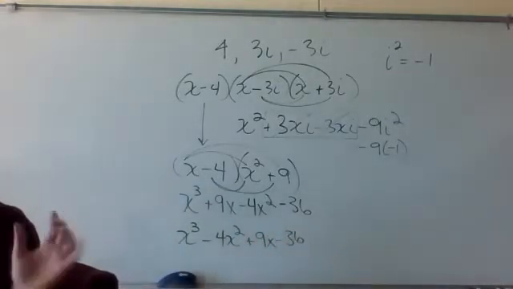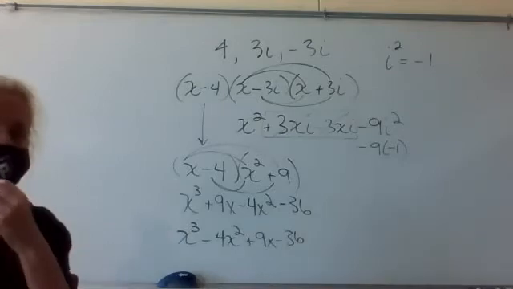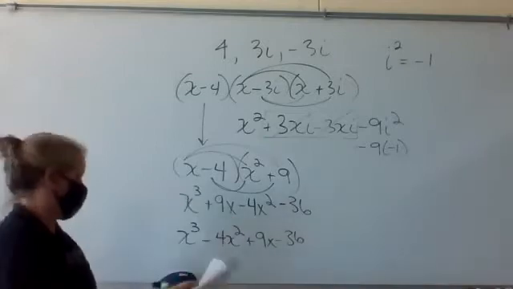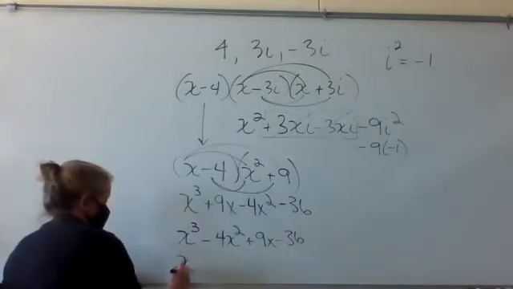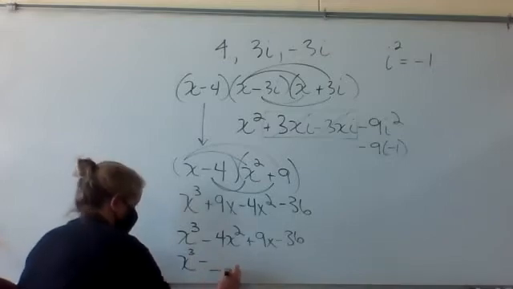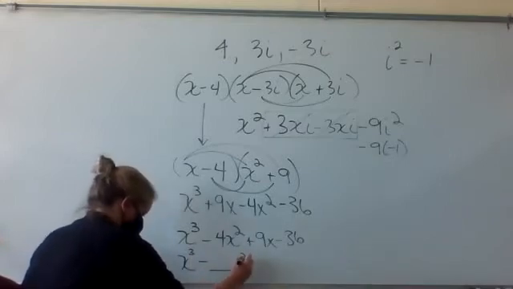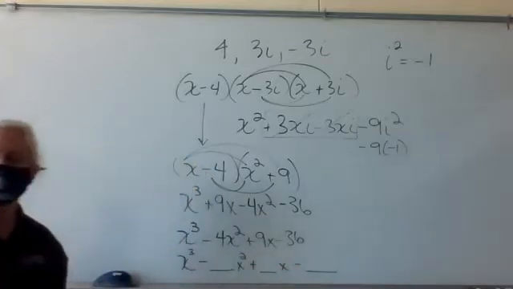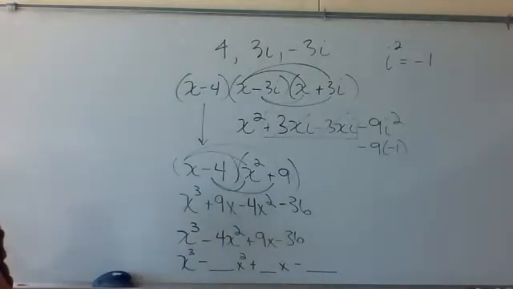Now, just another something wonky: when you're putting in this answer, it's got a lot of this here for you. It's got x cubed minus blank x squared plus blank x minus blank. So this kind of threw me off when I was typing in my answer.